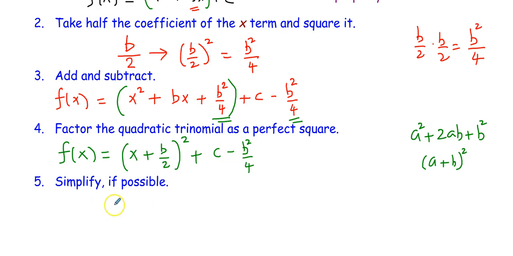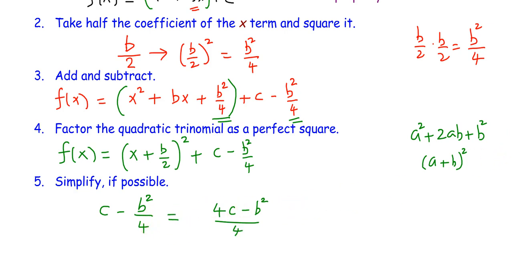Now simplify if possible. We are looking at c minus b squared over 4. Further, you can simplify and write it as 4c minus b squared over 4, or you can just leave it as it is.